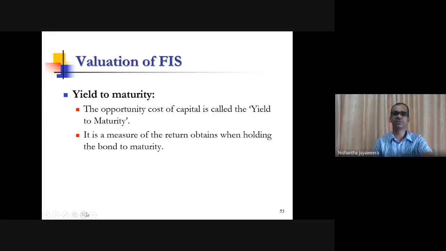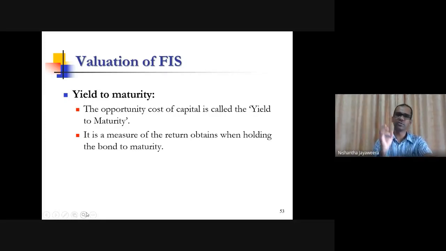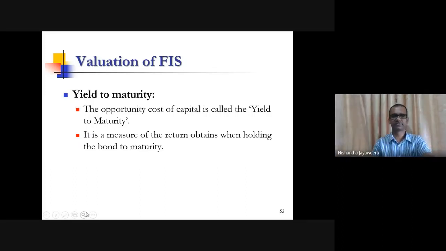But generally, especially in government securities, the coupon is decided and announced by the government. Irrespective of the coupon, market players bid the rate that they need.